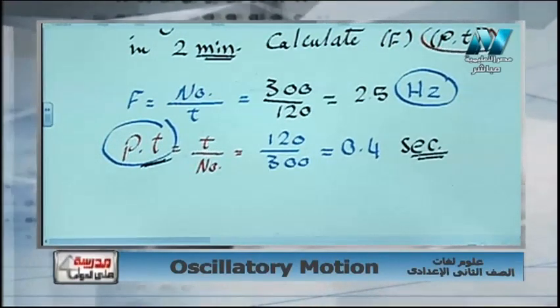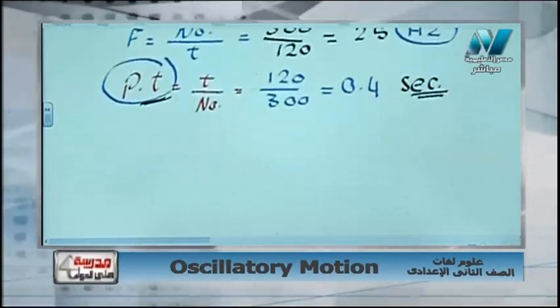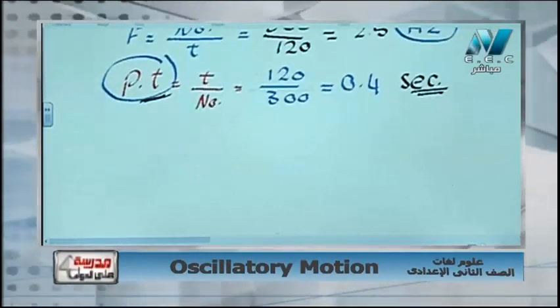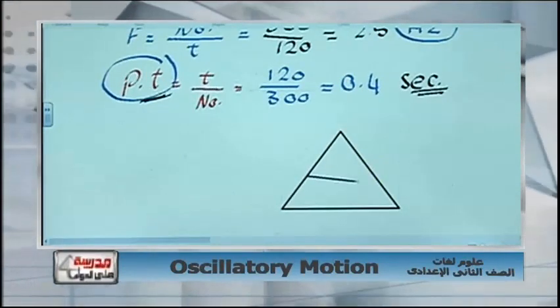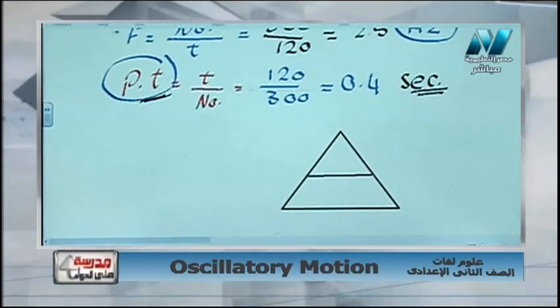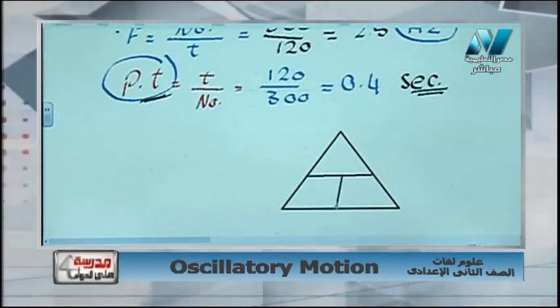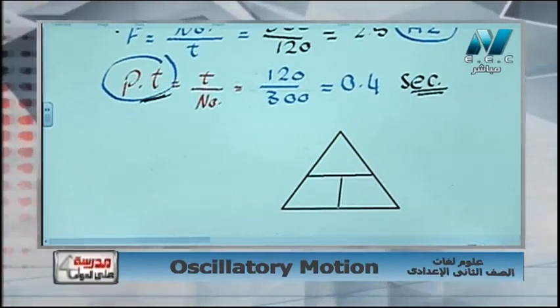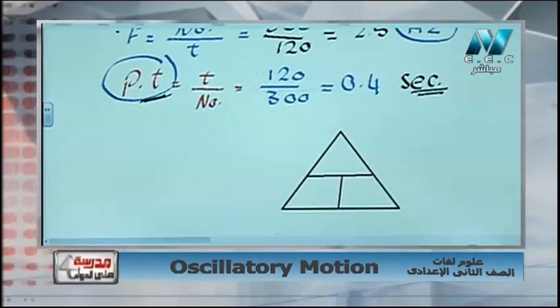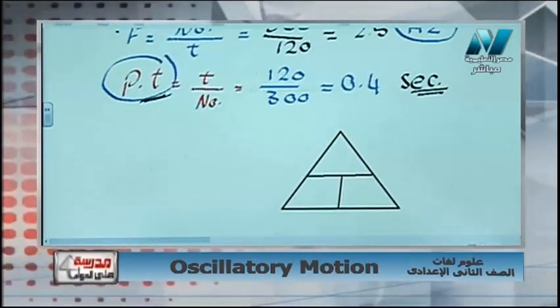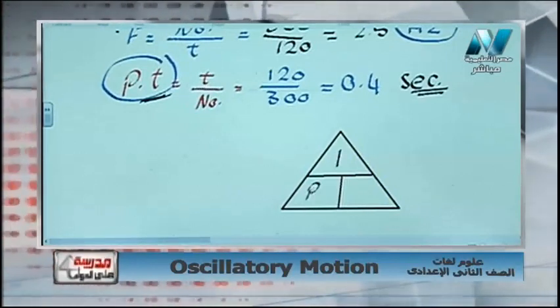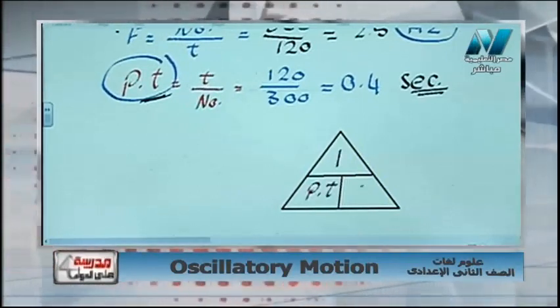Now we have another rule, very easy. This law or this rule is called what? Here we have number one. As you see, here I write 1, here periodic time, and here frequency.